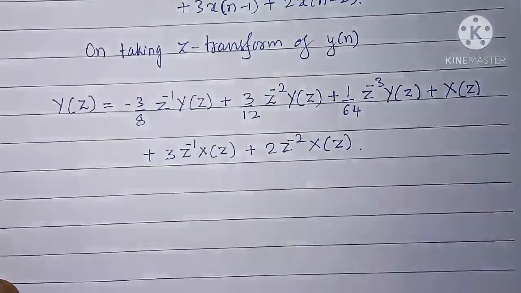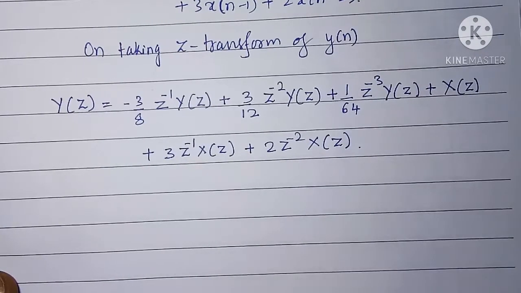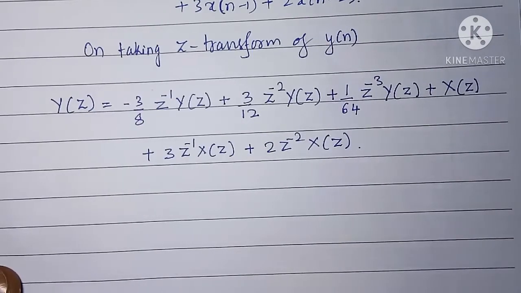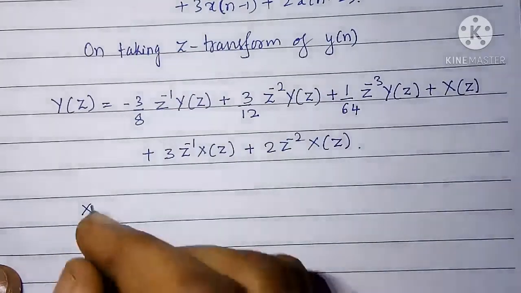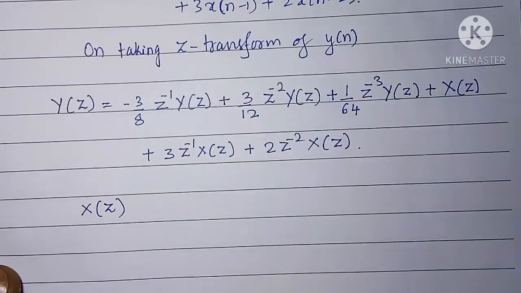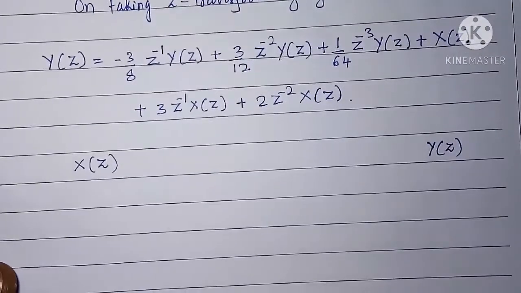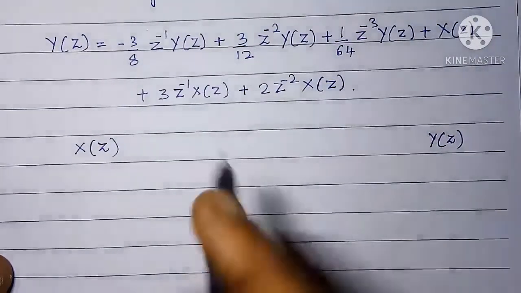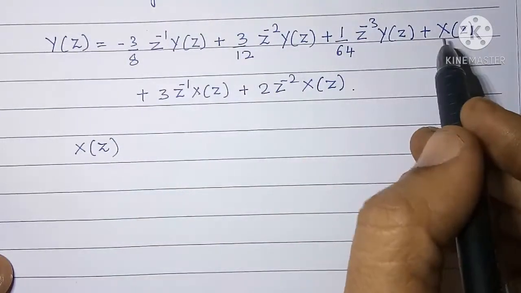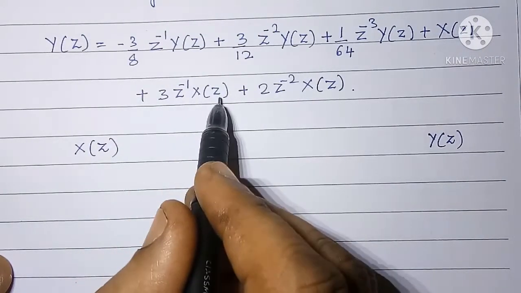Now we will implement this y of z expression. So x of z here and y of z here are shown input and output. Input x of z is to be added to 3 into z raised to minus 1 into x of z.